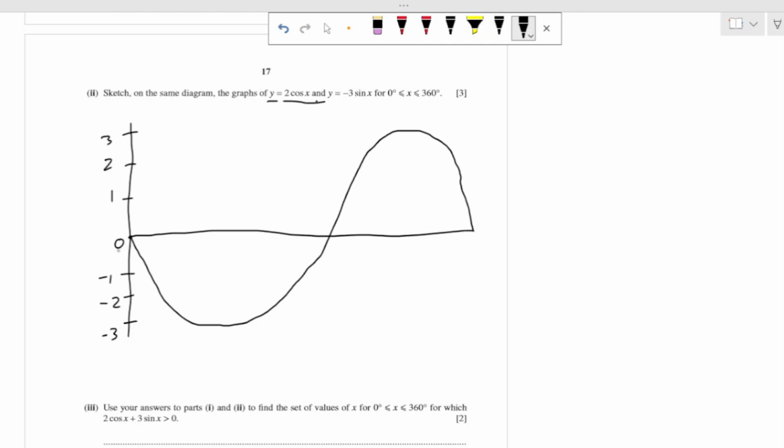Similarly, for y equals 2 cos x, it would start at 2 and go all the way down to minus 2. That would be your graph of y equals 2 cos x, and that would be your graph of y equals minus 3 sin x. This was just a basic simple sketching.